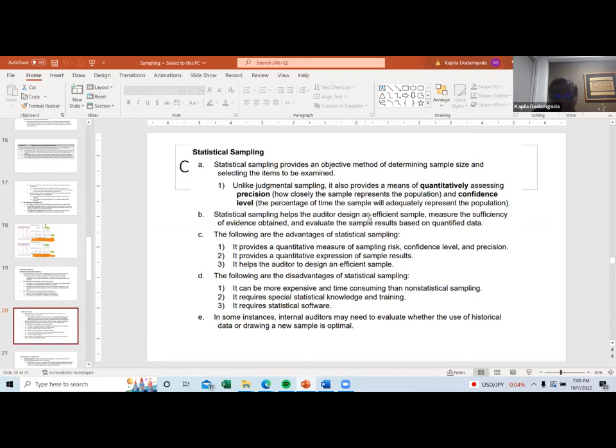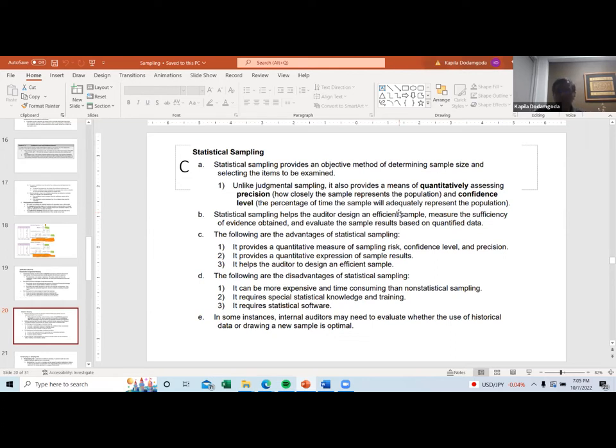So, picking an efficient sample. An efficient sample means that, out of a population, by picking a lesser proportion of the items, you still get a representative sample. We call that an efficient sample.